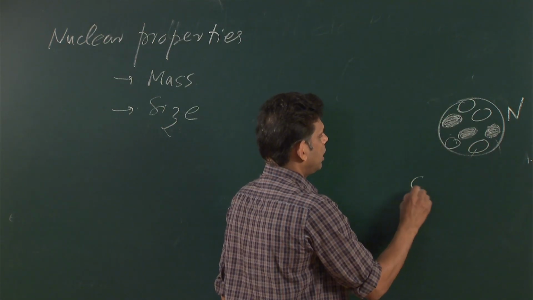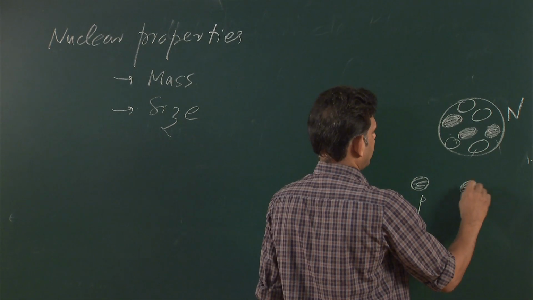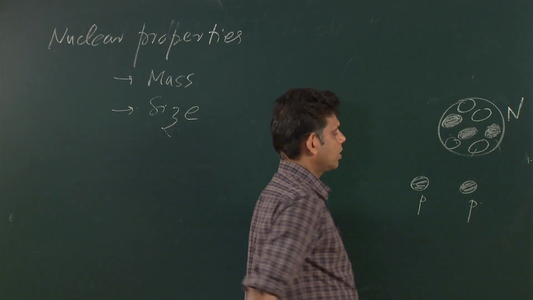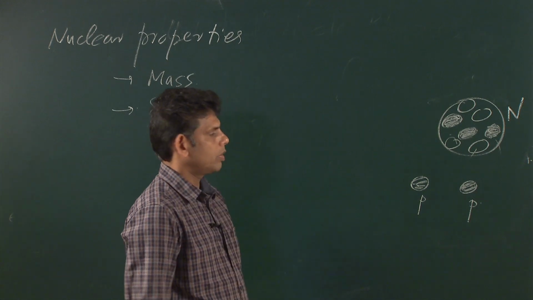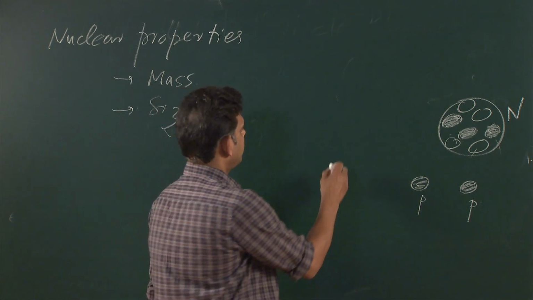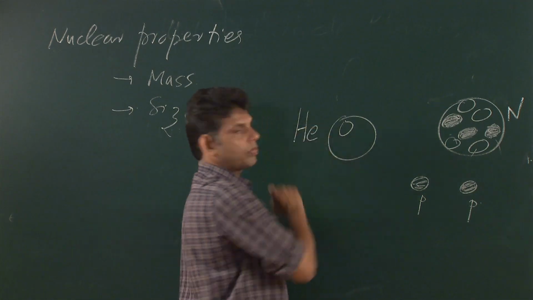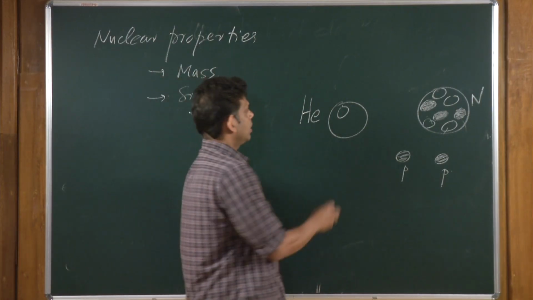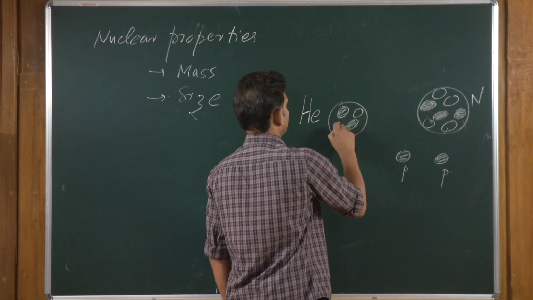we can actually think about two protons and, okay, let us look at the helium nucleus, helium, second element. It has two protons and two neutrons.